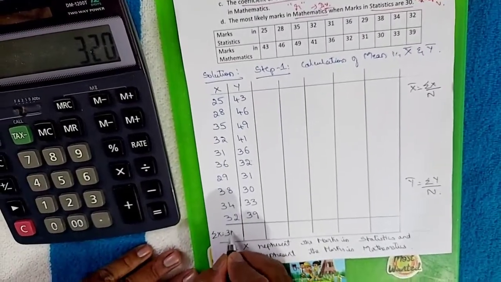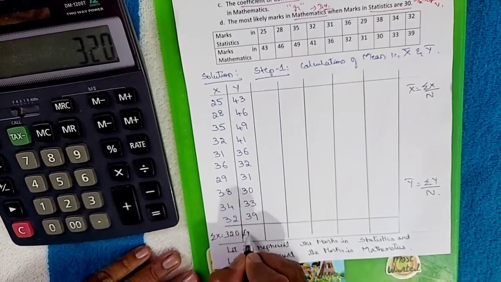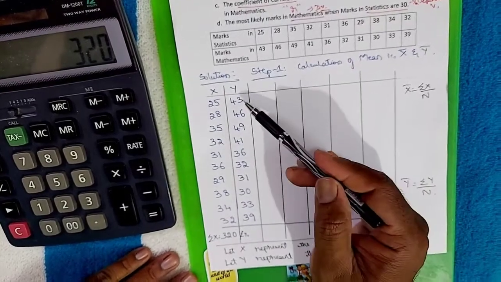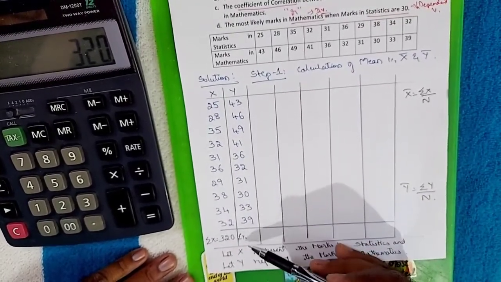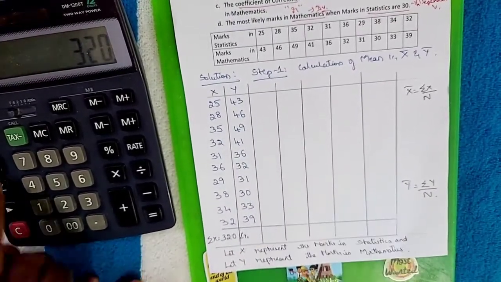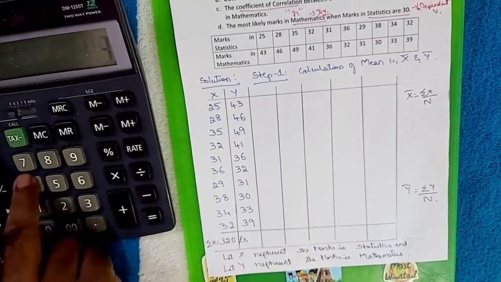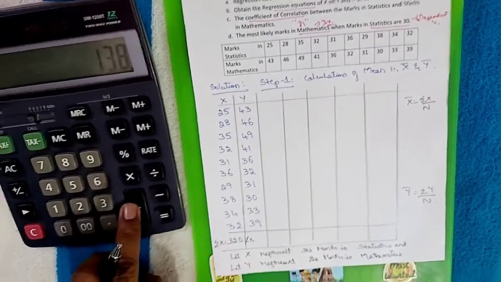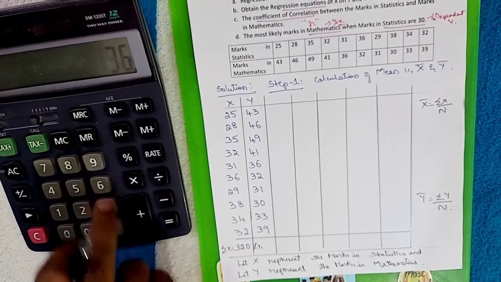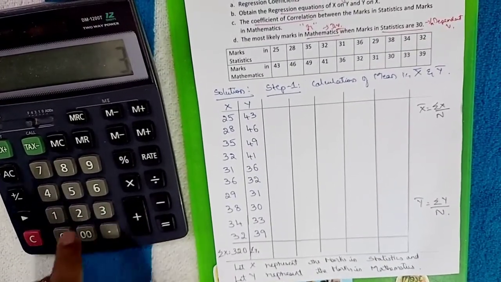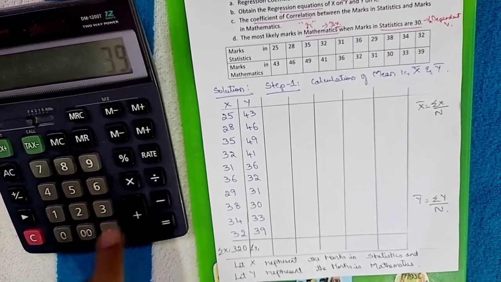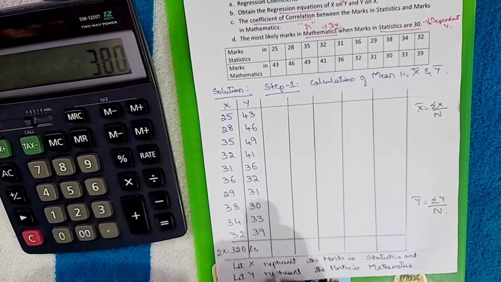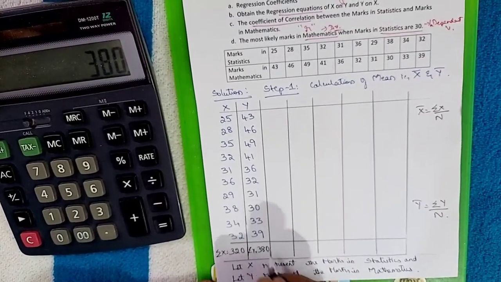Therefore sigma x is equal to 320. Similarly, when we add all the values of y, we get sigma y: 43 plus 46, 49, 41, 36, 32, 31, 30, 33, 39. Sigma y is equal to 380.